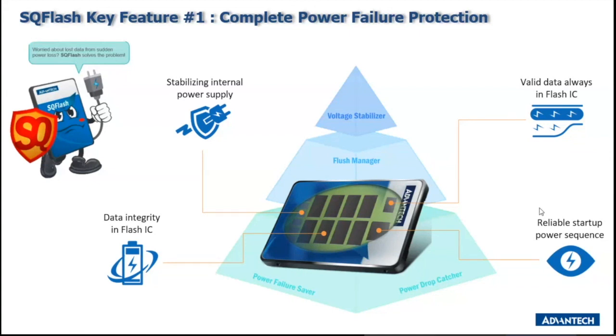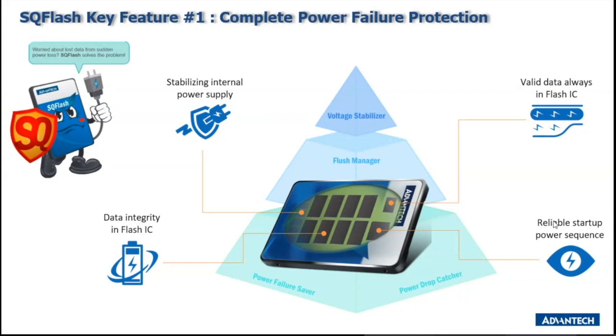First, it has a built-in voltage stabilizer to ensure that the SSD internally always delivers a stable power supply to the DDR chips and the flash IC, even when the power supply is not stable. When using flash products, unavoidable conditions may occur, such as high-low temperature, unstable voltage, and very weak power supply, which may affect the reliability of the data.